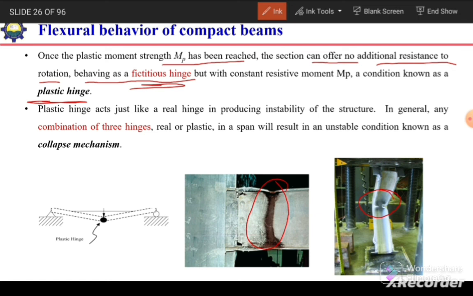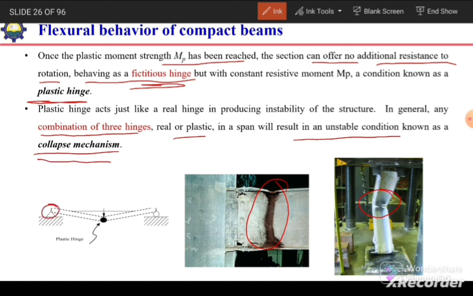So for any combination of three hinges, real or plastic, if three hinges are produced in a member, then the member will become unstable, and that is termed as a collapse mechanism. So any combination of three hinges, either real, fictitious or plastic, if they combine in a member, the unstable condition will be reached and the mechanism will be termed as a collapse mechanism.